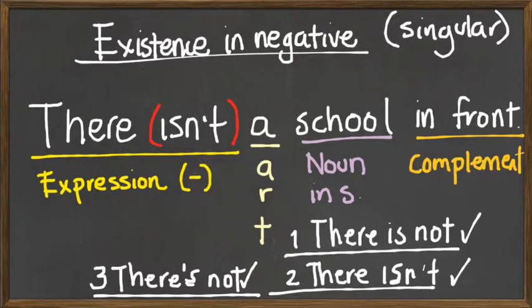However, don't forget that there is not is also an option, and it is also correct. And then we have the article, the noun in singular, and the complement. The result is, again, there isn't a school in front, or there's not a school in front, or there is not a school in front.